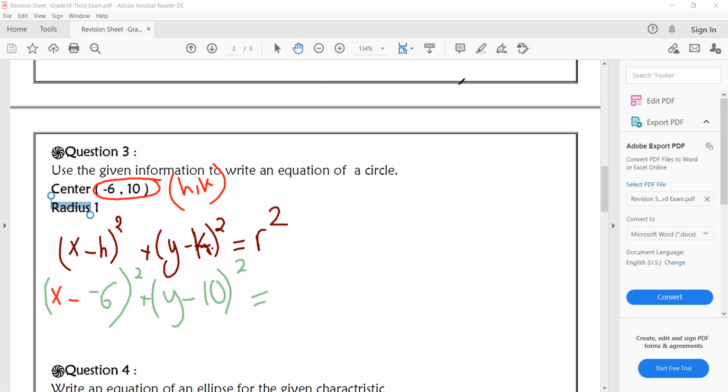The radius. The given radius is 1, so 1 squared. Then the equation will be (x plus 6) squared plus (y minus 10) squared equals 1. This will be the equation of the circle.